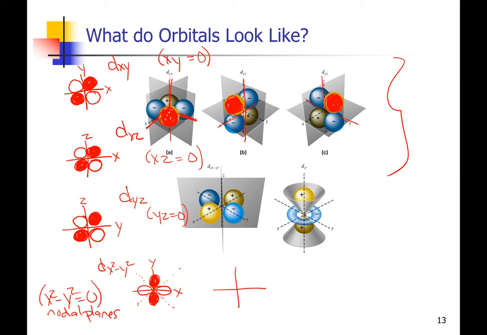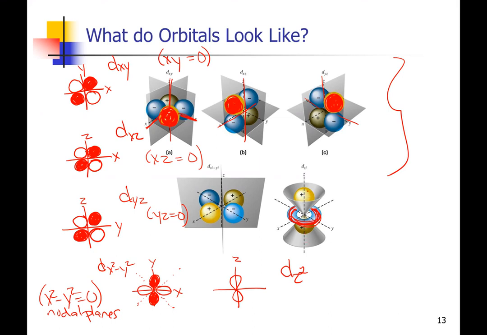And then finally, I have the dz squared orbital, which kind of looks like a p orbital pointing up and down along the z-axis, but there's also this kind of donut-like shape around the middle, which is of opposite phase to the top and bottom lobes.